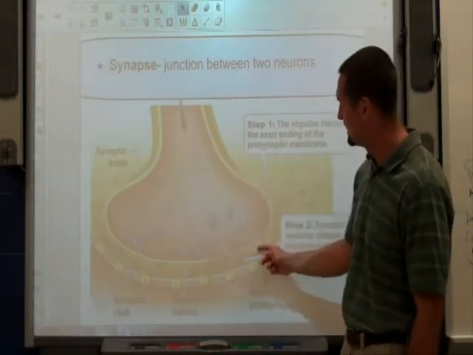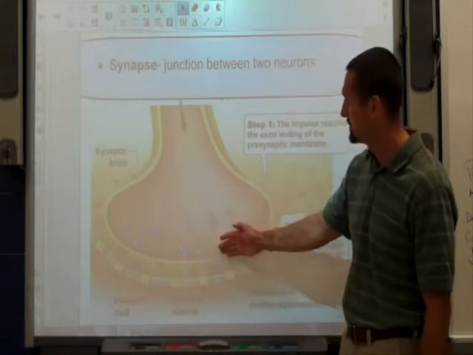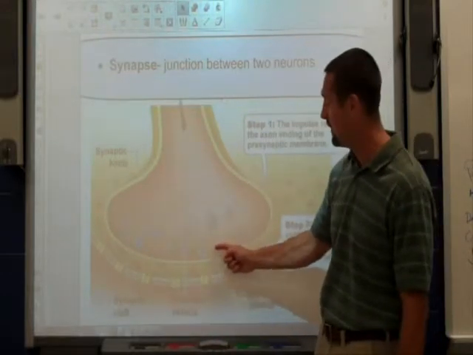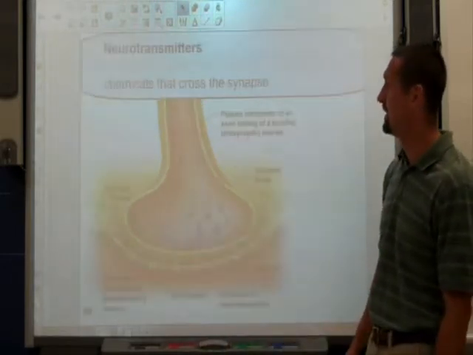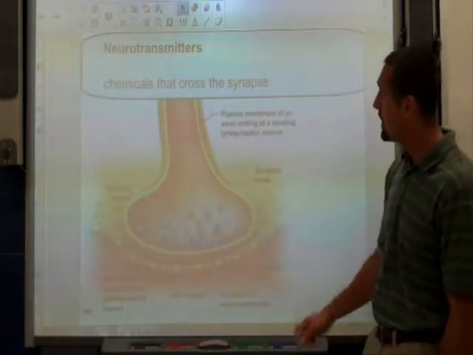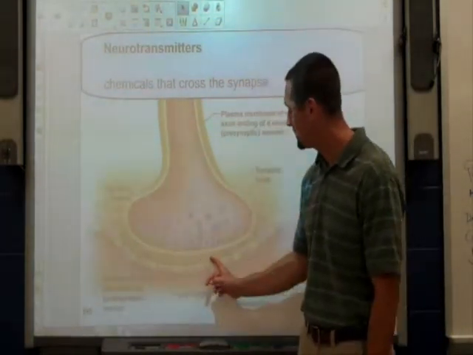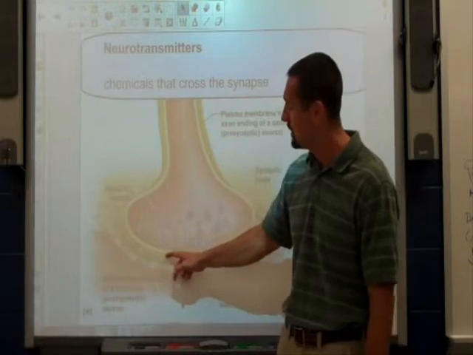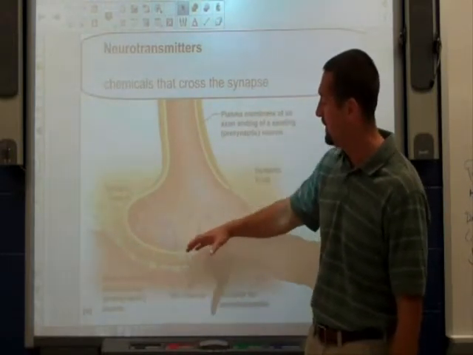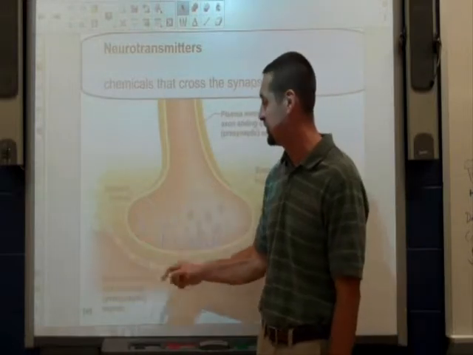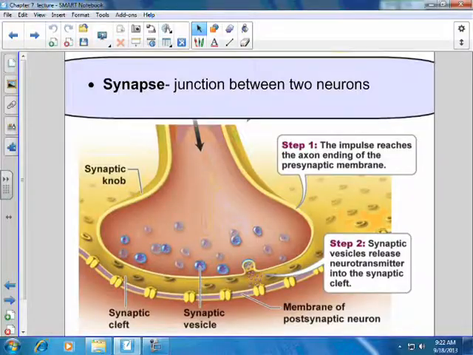But this synapse, this little space right here, is just in between these two nerve cells, where this neurotransmitter, this chemical now, is crossing that small subcellular space. So there's all kinds of neurotransmitters, but there's these chemicals that are just crossing that space. Now once they cross that space, the nerve is going to reabsorb some of those neurotransmitters. Others will get broken down by enzymes.